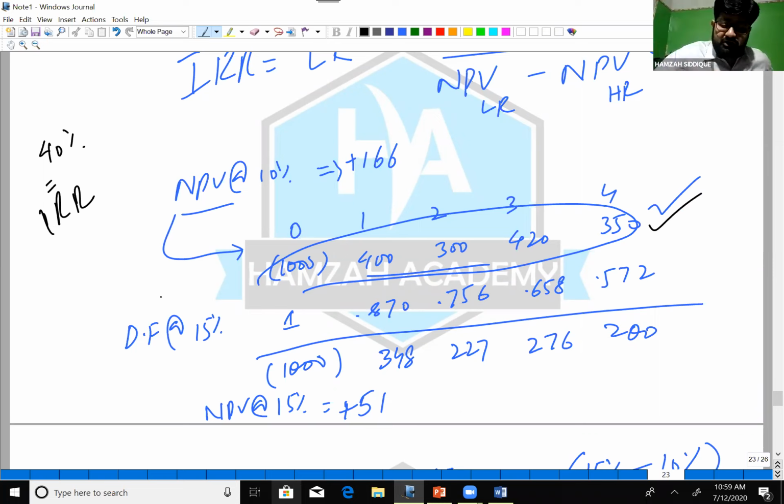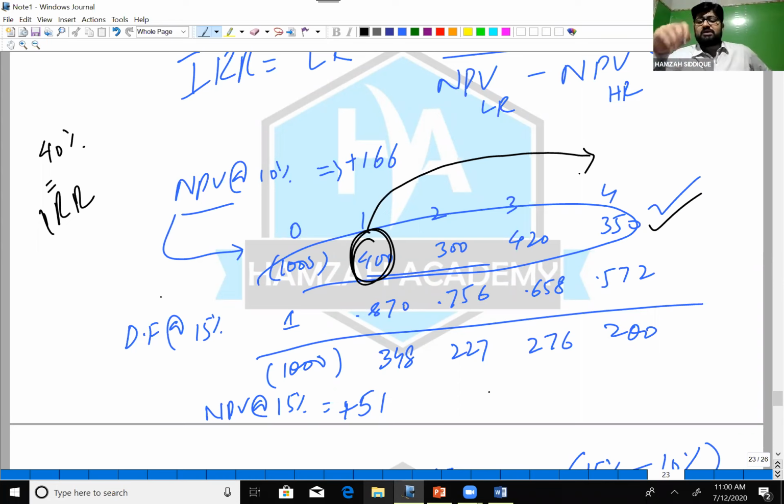IRR assumes that when you get this cash flow in the first year, you again can reinvest for the remaining life of the project at 40%. The next year you get this, again you can reinvest somewhere else this amount at 40%, same rate of IRR.